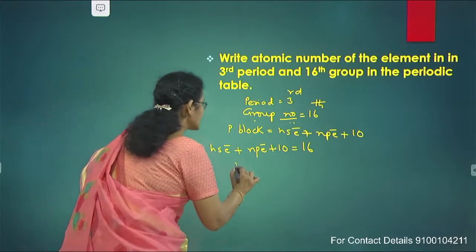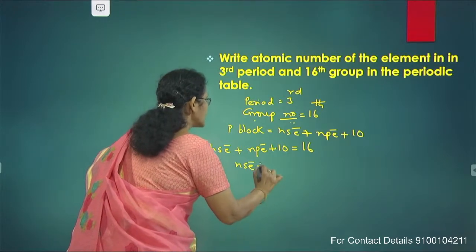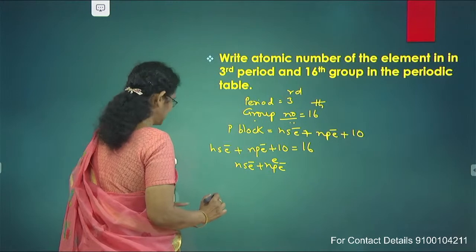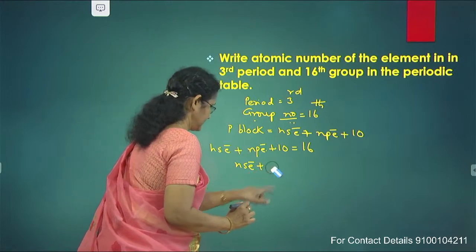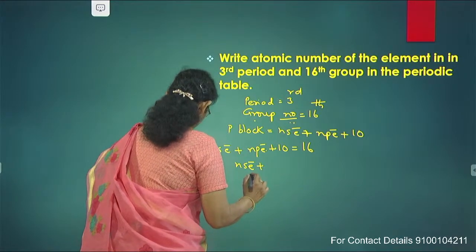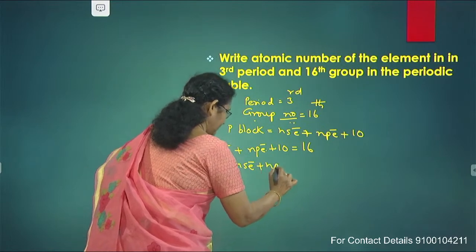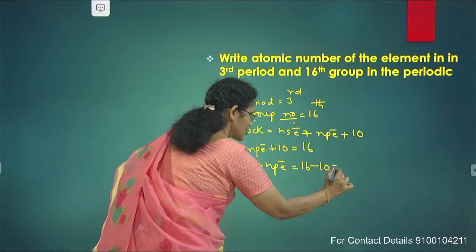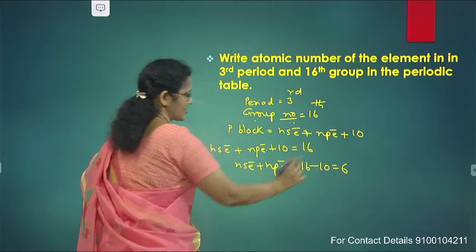So, ns electrons plus np electrons is equal to 16 minus 10.